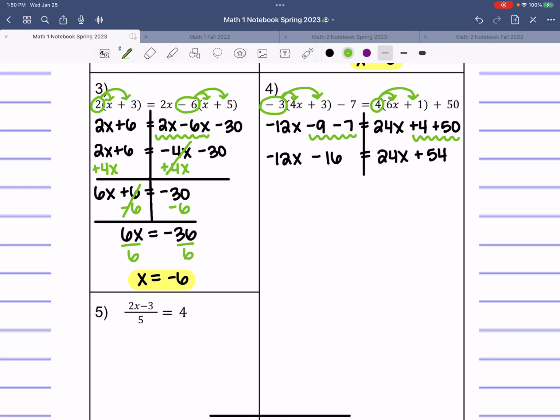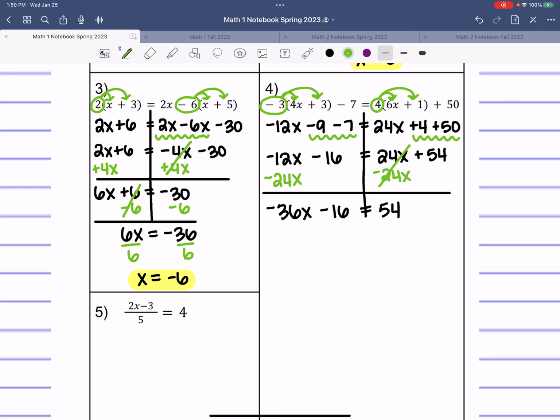Now we want to move our variables, so subtract 24x. Simplify. So here, negative and negative, we're combining, so a bigger negative, negative 36x minus 16 equals 54.